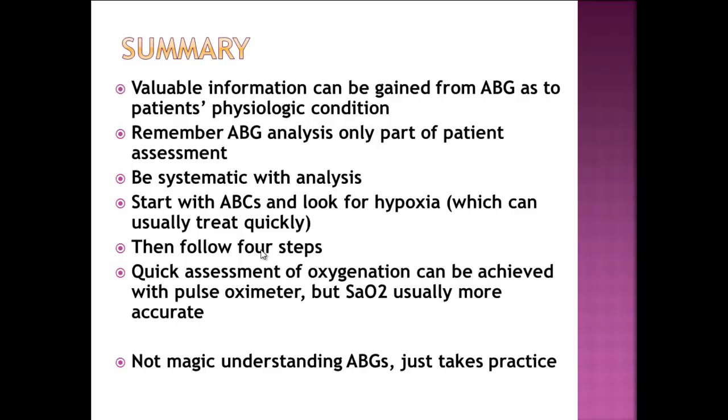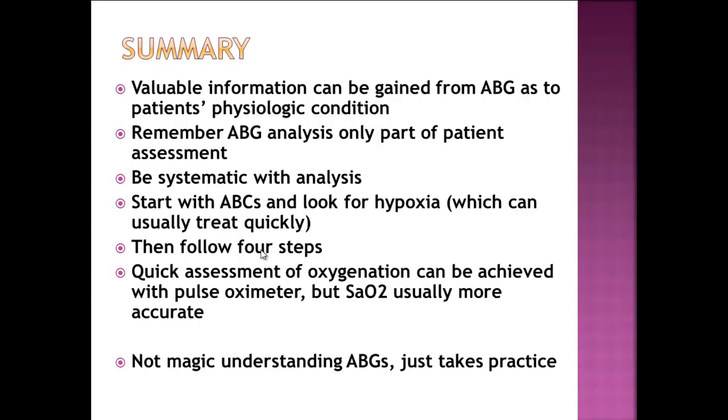It's only one part of our assessment, but we have to be very systematic when we look at the ABGs. We start with the ABCs, sorry, and we look for hypoxia, which we can usually treat quickly. But then we will follow the 4 steps, assessing that arterial blood gas status to determine if there's acidosis, alkalosis, respiratory or metabolic.